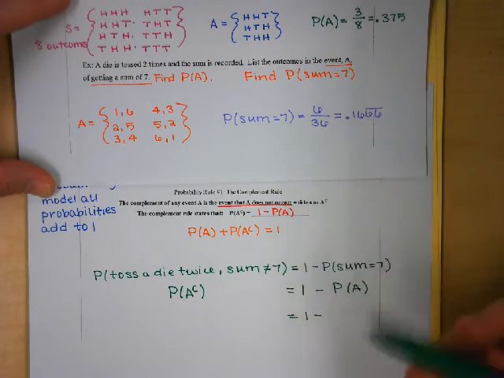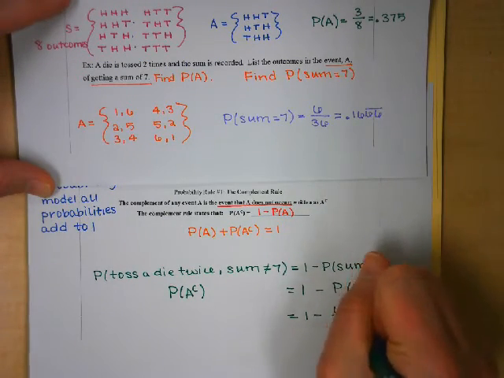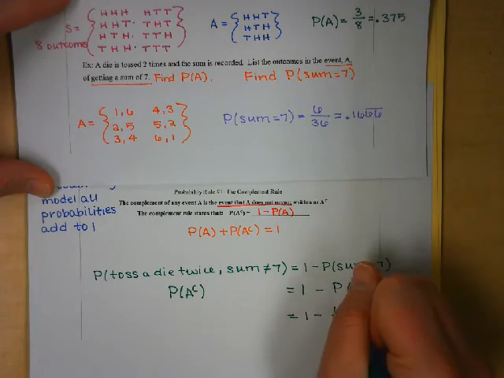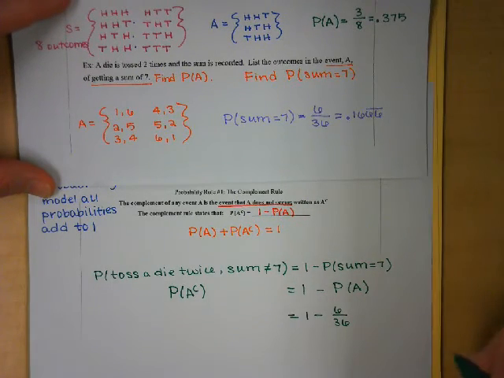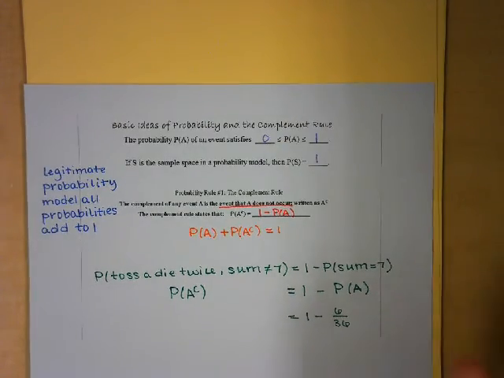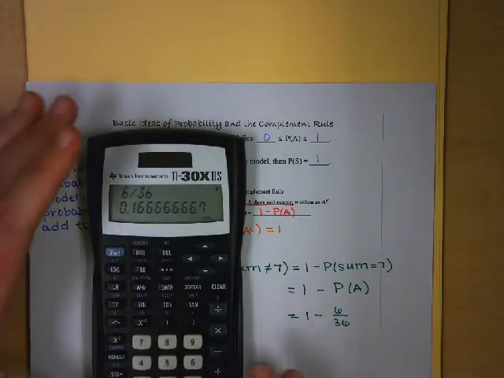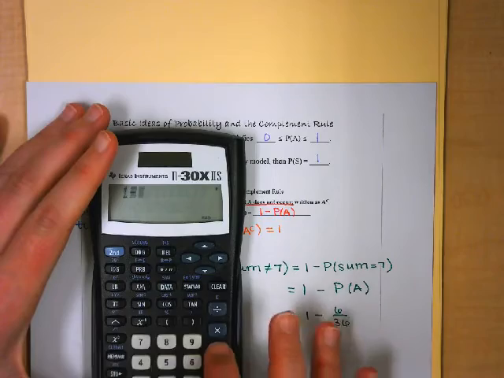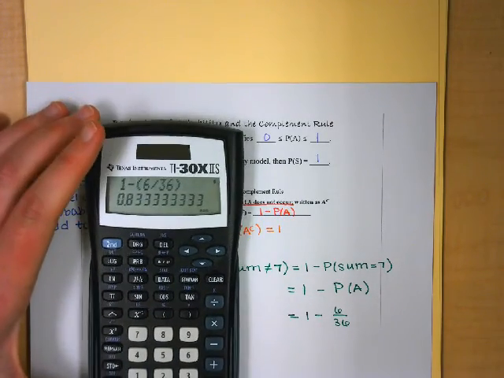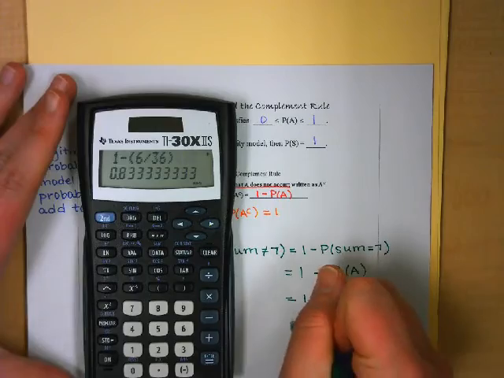I'm going to use the fraction to begin with just because this was a non-terminating decimal and I don't want to have a rounding error. So when I do 1 minus 6 divided by 36, I get 0.833333.